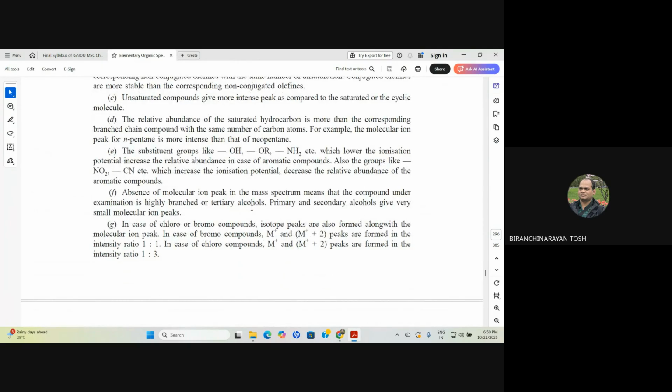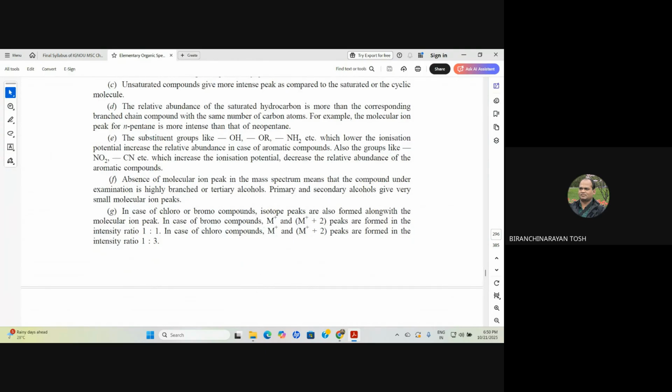Absence of a molecular ion peak in the mass spectrum means that the compound under examination is highly branched or a tertiary alcohol. Primary and secondary alcohols give very small molecular ion peaks.